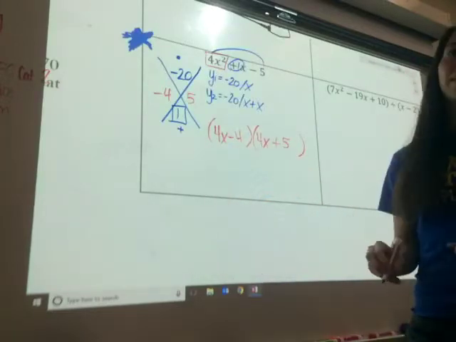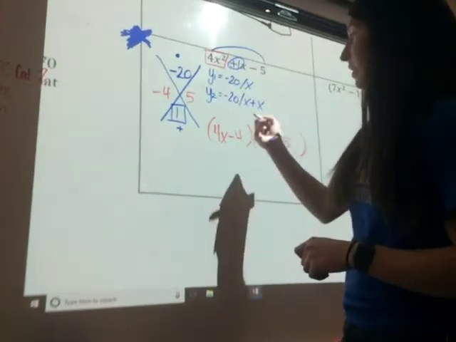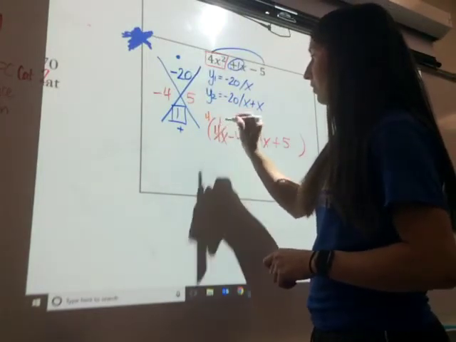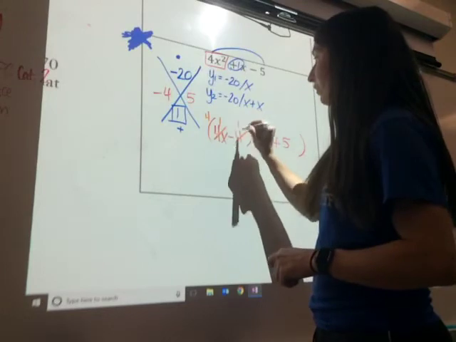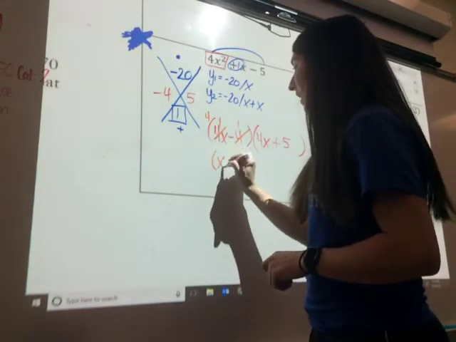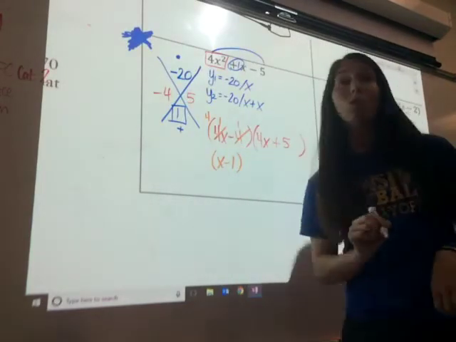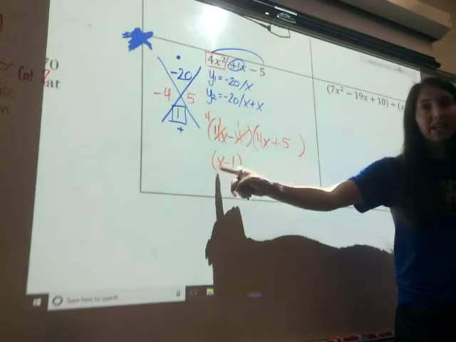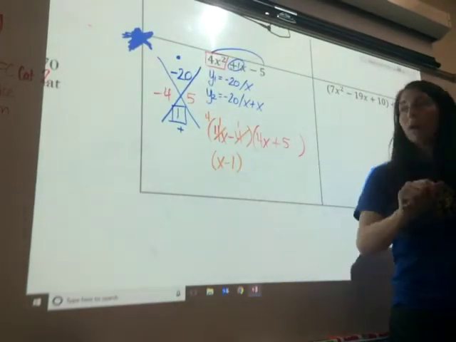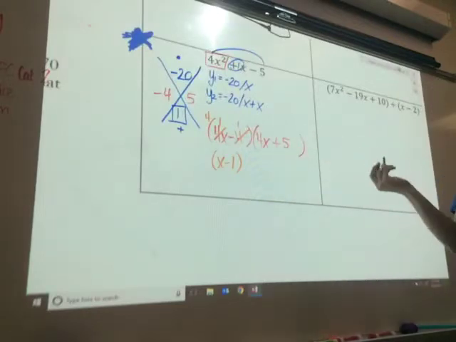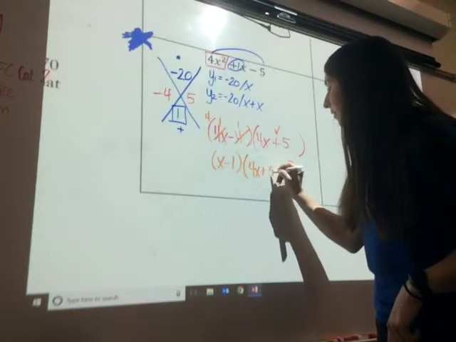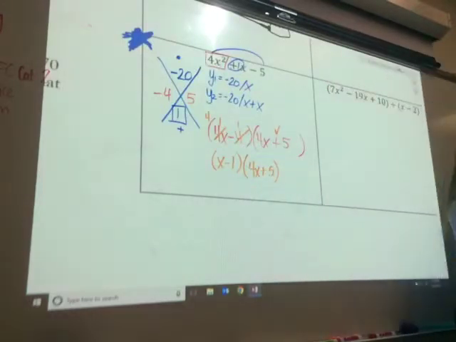Do 4 and 4 have anything in common? Yes, what is it? Okay, how many times does 4 go into 4? So my answer here is x minus 1. I took out that understood 1 in front here. Is that okay with everybody? Okay. Do 4 and 5 have anything in common? So there's my factors. We okay with that?